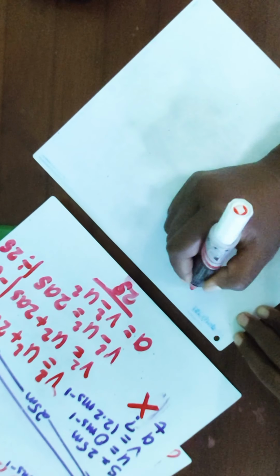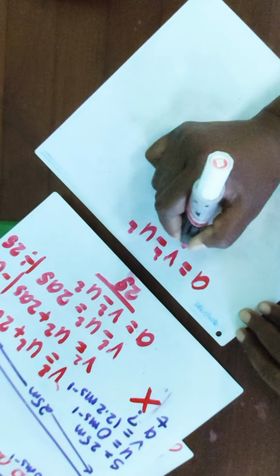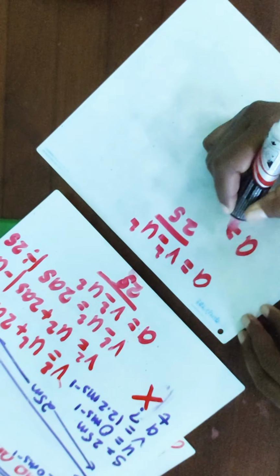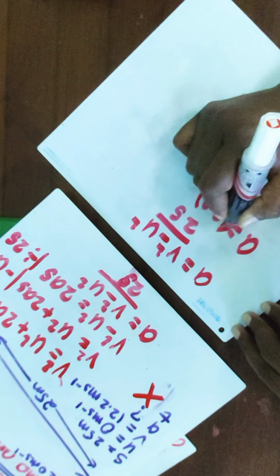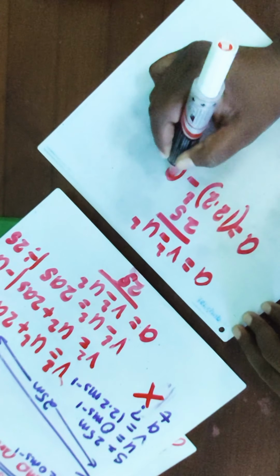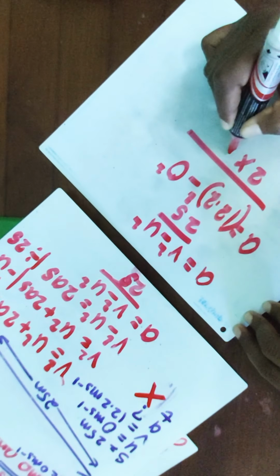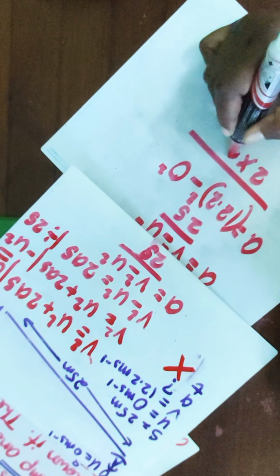So let's substitute in our values, and we'll see what the acceleration would be. So again, a equals v squared minus u squared over 2s. We know that v is 12.2, and we're going to square it, minus 0 squared, and then divide by 2 times the displacement, which is 25 meters.